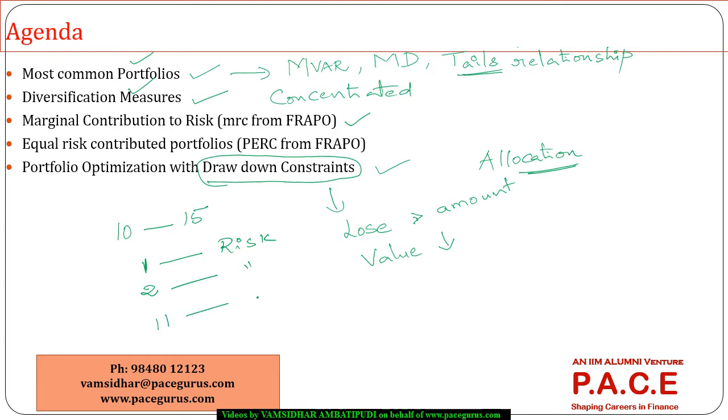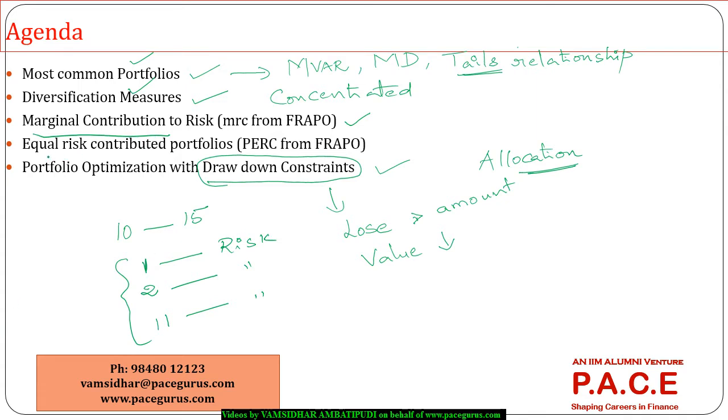Similarly, the 11th one, how much is it contributing to the overall portfolio risk? So we are talking about the marginal contributions to the risk in each of the security cases. It might very well be possible that some securities will contribute more to the overall risk, some of them will contribute less.